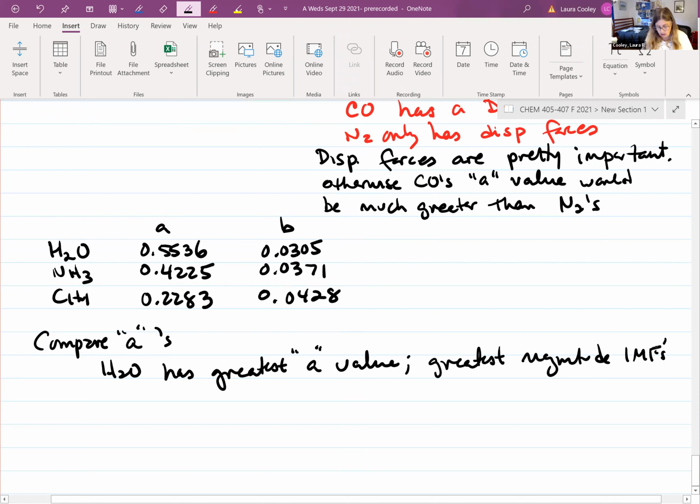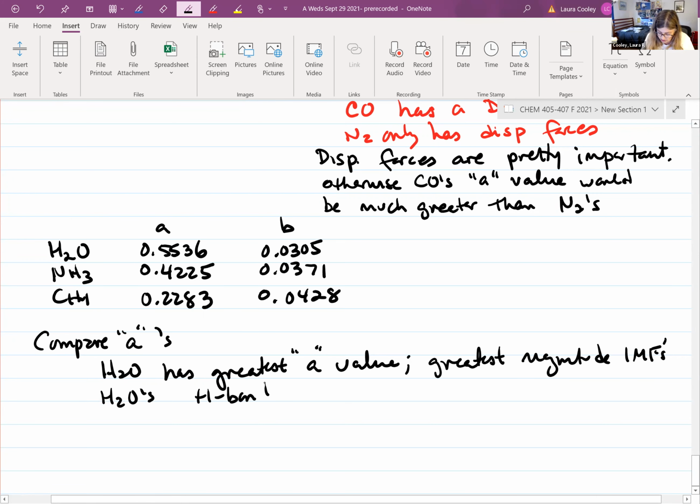And why is that? Well, first of all, CH4 is nonpolar, so it doesn't have anything but dispersion forces. And water has hydrogen bonding, which so does ammonia, but water's hydrogen bonding forces must be stronger than ammonia's.